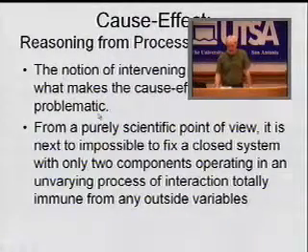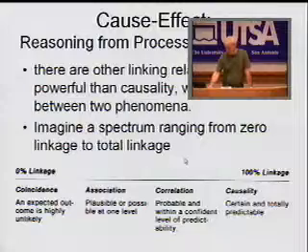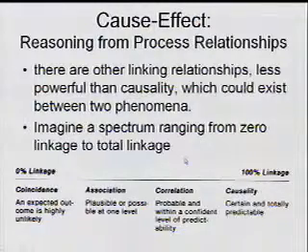You virtually have to repeat it if it's that important. From a purely scientific point of view, it is next to impossible to fix a closed system with only two components operating in an unvarying process of interaction, totally immune from any outside variables. So that's why it is critical for us to study the bias and confound as part of experimental design.